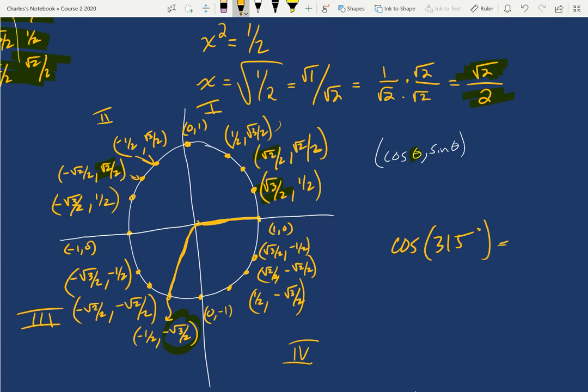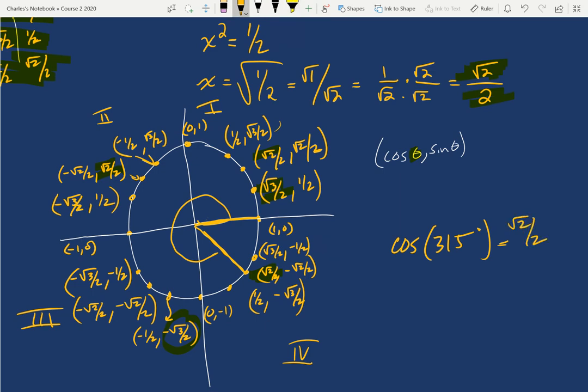You would want to tell me that 315 degrees is this angle right here. You could think of it as 45 less than 360. So it's going 45 degrees clockwise or 315 degrees counterclockwise. And since it's cosine, I'm now looking at the x value, which in this case is root 2 over 2.